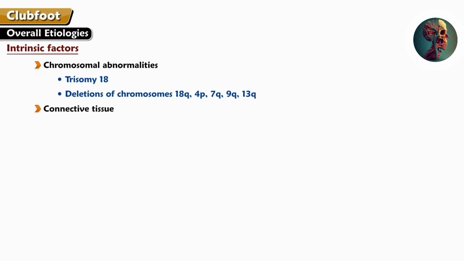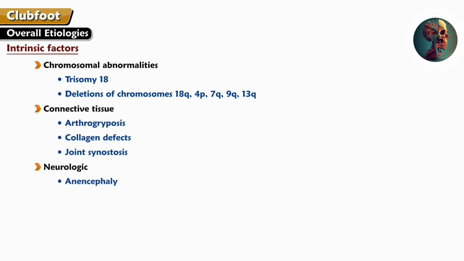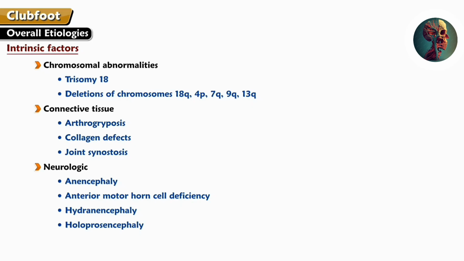Connective tissues: arthrogryposis, collagen defects, joint synostosis. Neurologic: anencephaly, anterior motor horn cell deficiency, hydranencephaly, holoprosencephaly, myelomeningocele and spina bifida. Muscular: myopathy, myotonic dystrophy.